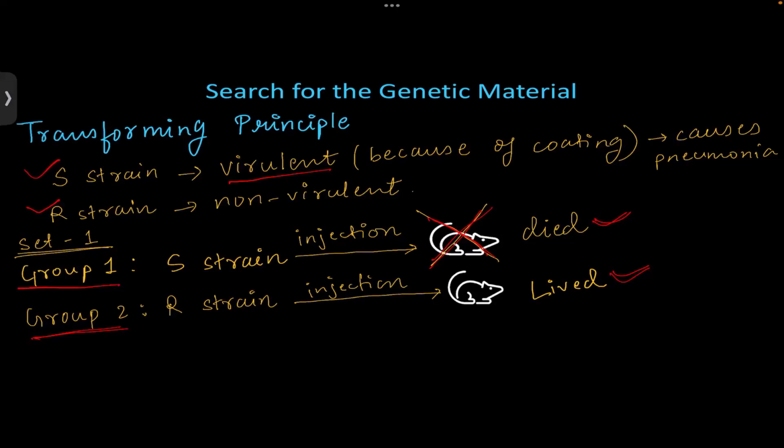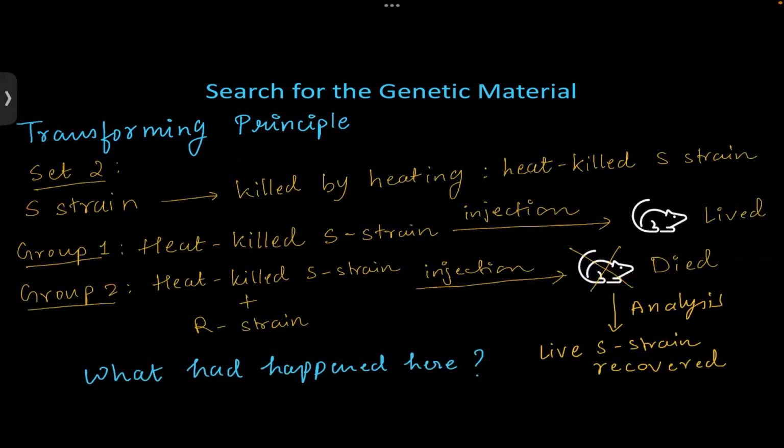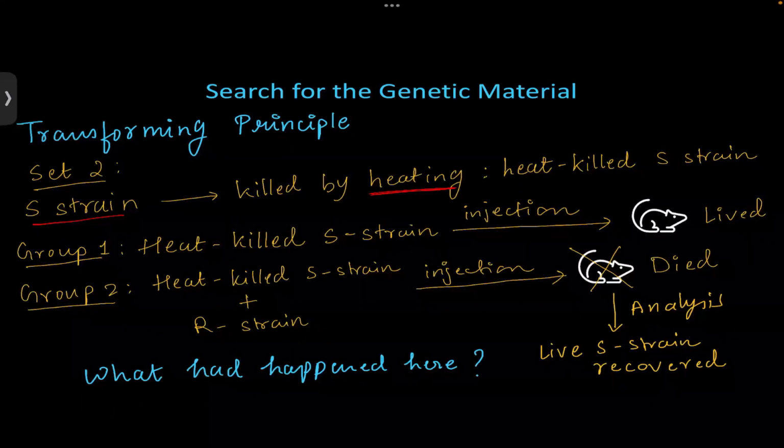The mice lived. Now in another set of experiments, first he killed the S strain bacteria by heating. By heating, the S strain bacteria were no longer alive, and he made again two groups of mice.